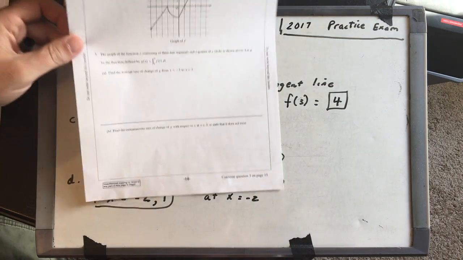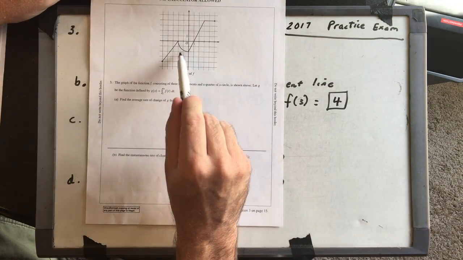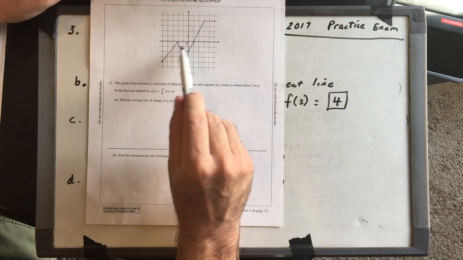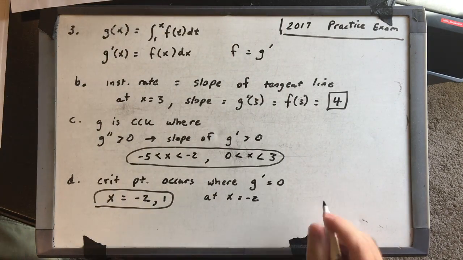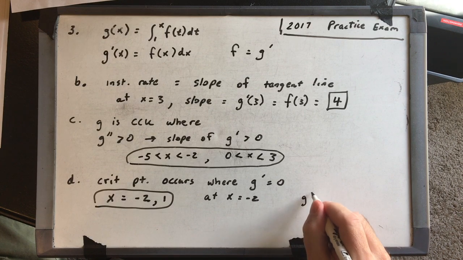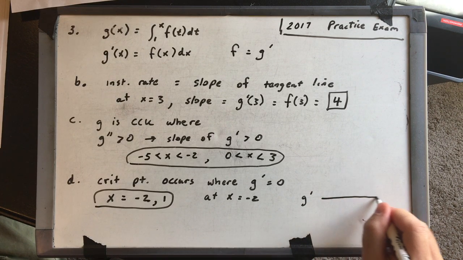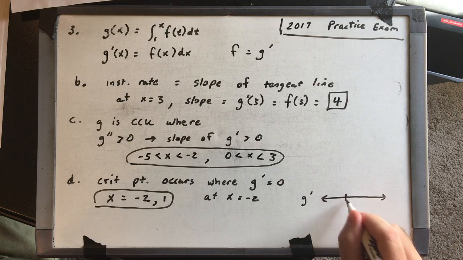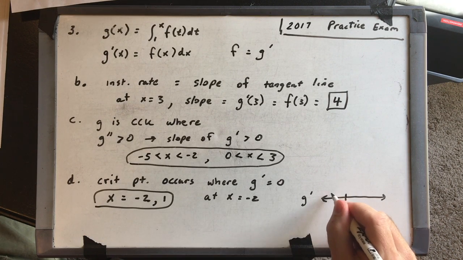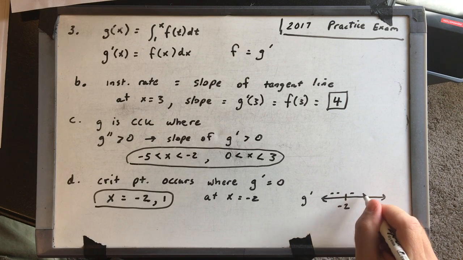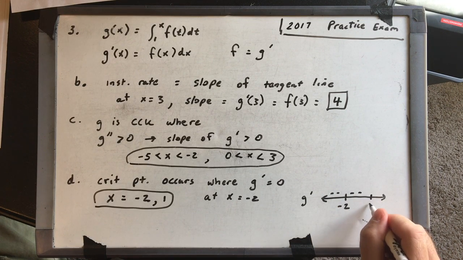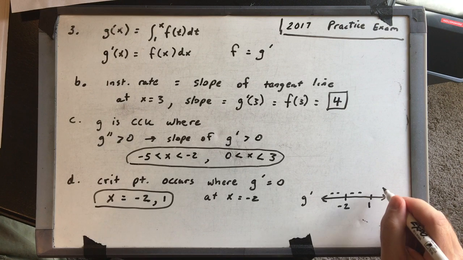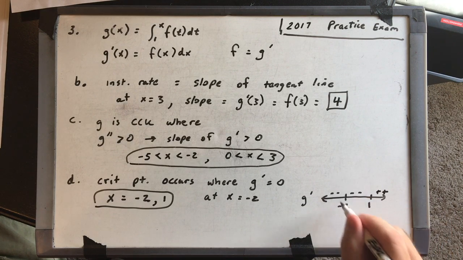see how the graph stays below the x-axis on either side? So it would be kind of, if we were doing a sign line, like we did in class, and we were looking at -2 here, to be minus, minus, minus, minus. And then at our other critical point at 1, it goes above the x-axis.